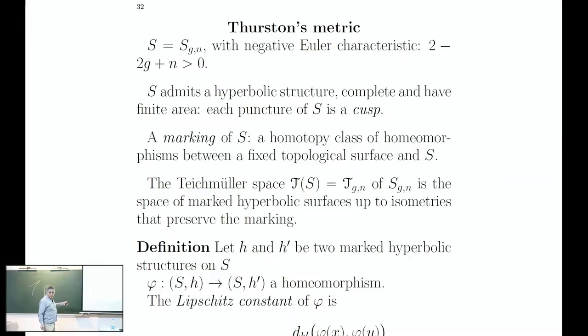There are two typos there. 2 minus 2g minus n must be less than 0. Yes, minus n also.